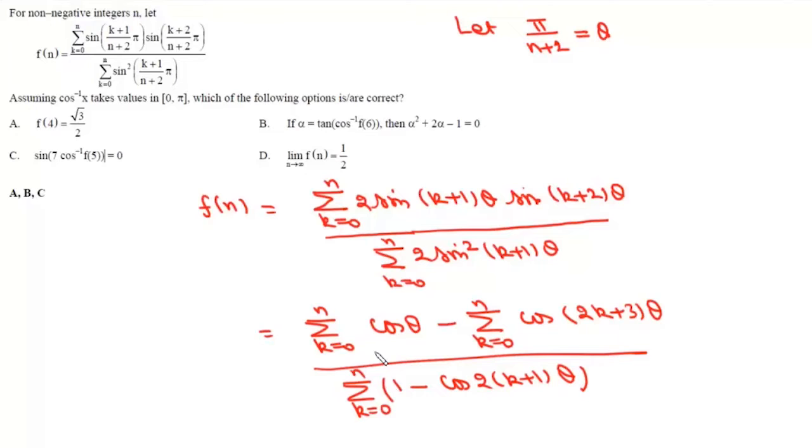Now since theta is independent of k, this summation of cos theta is summation of a constant. So it will be n plus 1 into cos theta.